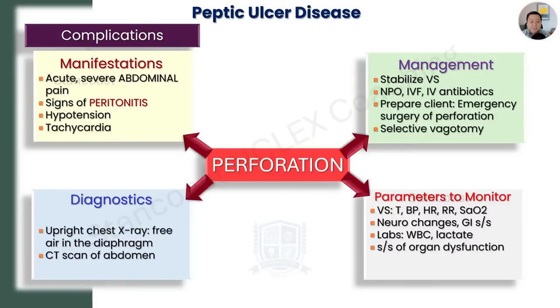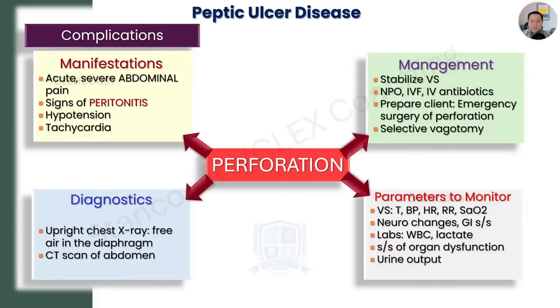And also take a look into the organ dysfunction. We're going to look into the creatinine levels to check for renal function, look into the liver enzymes and bilirubin to check if there's hepatic injury, or the prothrombin time or the partial thromboplastin time, if there are other changes caused by the hypoxemia and shock.